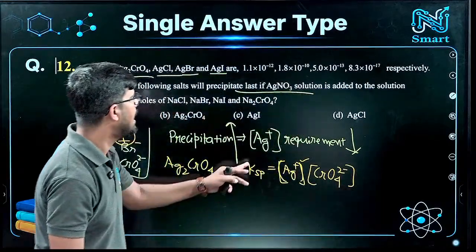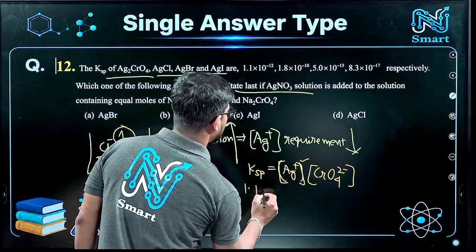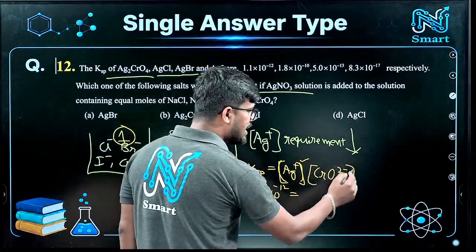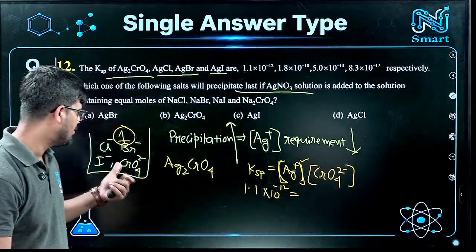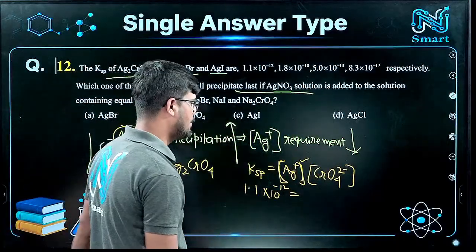This is the formula, and the KSP value is given as 1.1 into 10 to the power minus 12, which is equal to Ag plus squared, and we are considering the chromate as 1, because for everyone we will consider the anion concentration to be 1 unit.